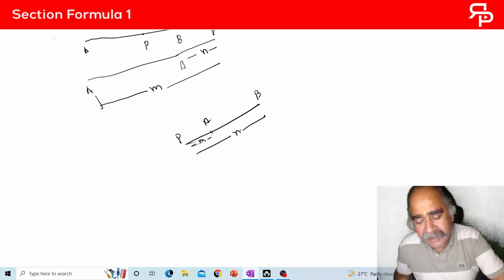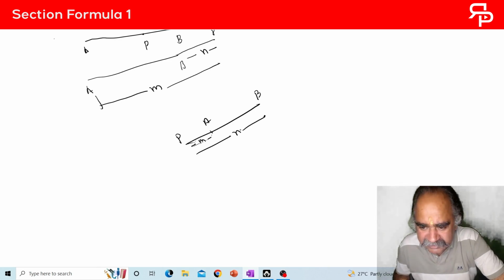Now, if I ask in what ratio point L divides segment AB, it will be AL upon LB. That is, first point of the segment to the point which divides, upon the point which divides to the second point of the segment, is the ratio. So don't forget this.